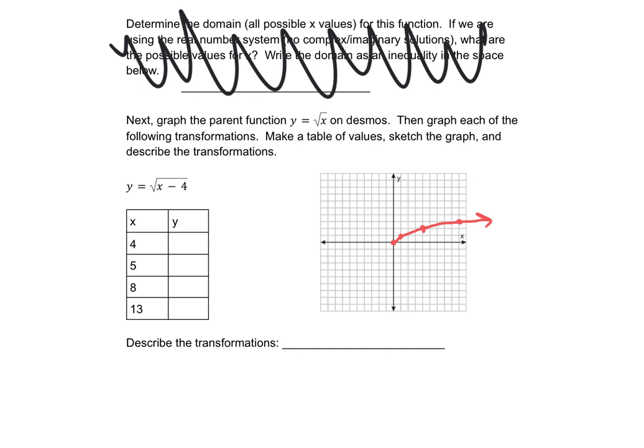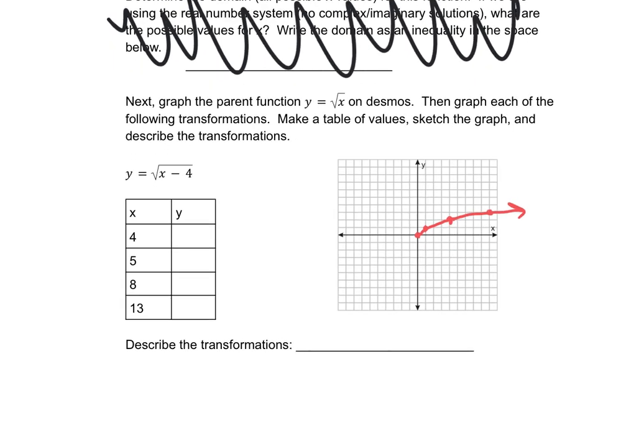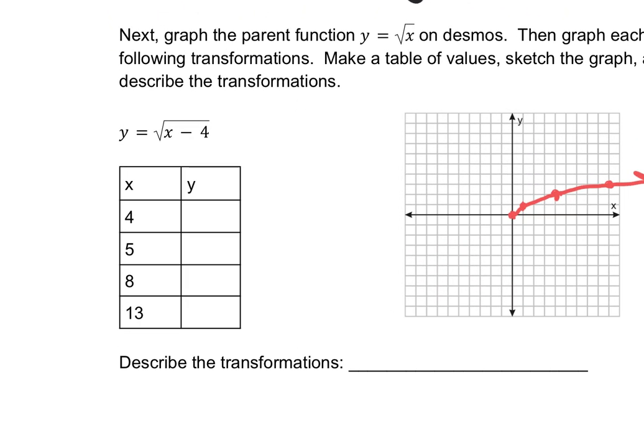So we have the square root of x minus 4. Okay, so again, I strategically chose the numbers that are in the x column so that we would get whole number answers. Okay, so if I have x equals 4, that means I'm going to have the square root of 4 minus 4, which is the square root of 0, which is 0. I'll plug in all of the ordered pairs here in a second.